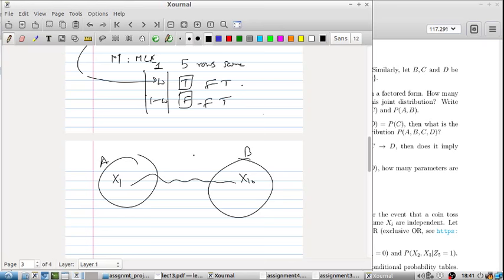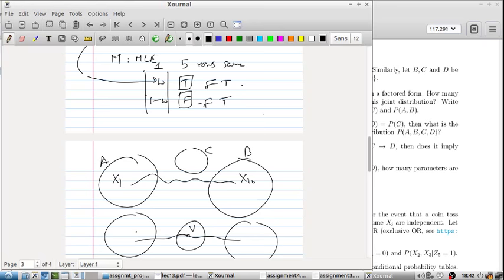Maybe it goes through C, or maybe it doesn't go through C. Now, in this simpler setting, we care about any node V in C. So now we have three sets of nodes: x1, x10, and V.